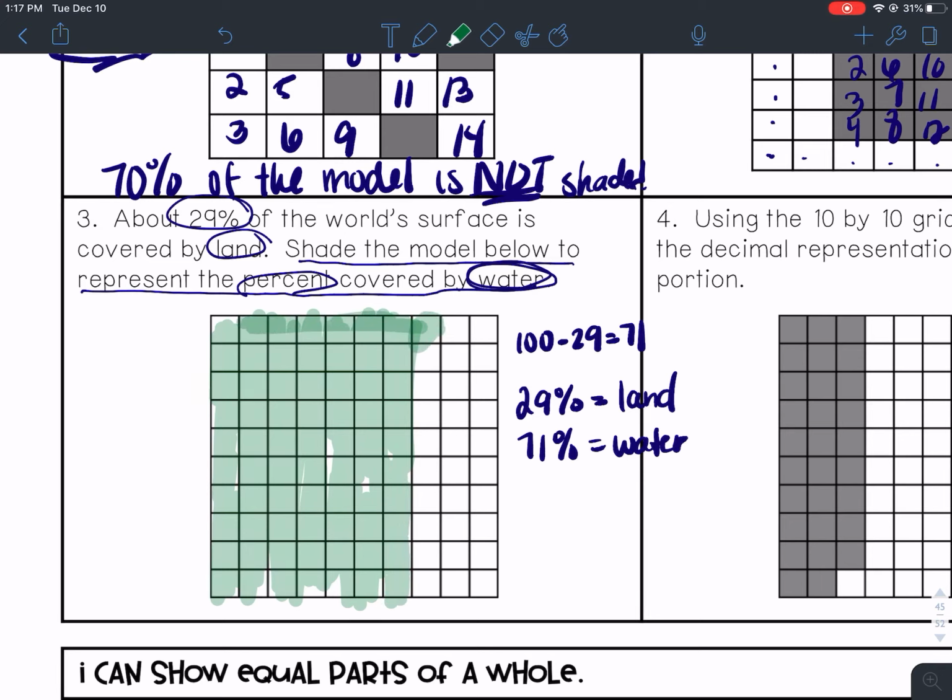Okay, because each of these rows is worth 10. So that's 70 and my 1. Okay, again, 71% is water, 29% is land, and together it is my 100%, which is the whole grid.